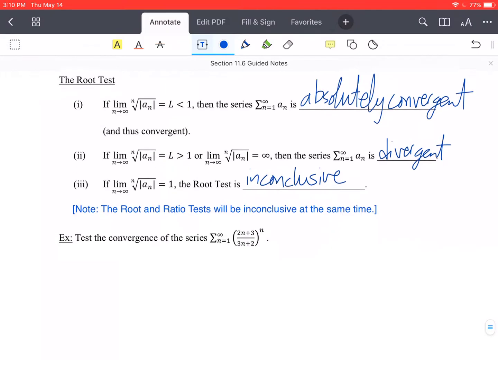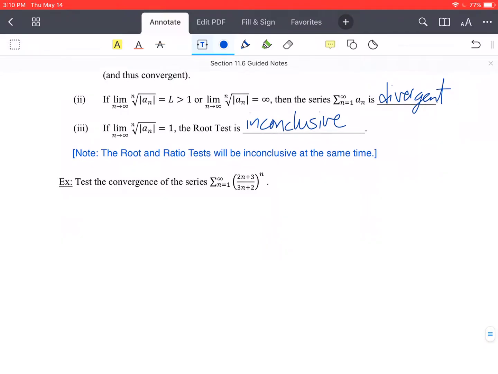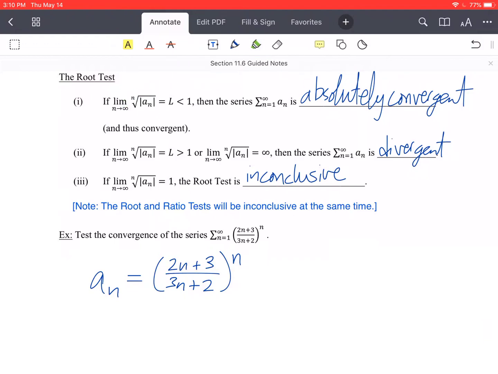So let's look at this example down here. Test the convergence of the series of 2n plus 3 over 3n plus 2, all raised to the n power. So let's take the nth root of the absolute value so that we can run this root test.